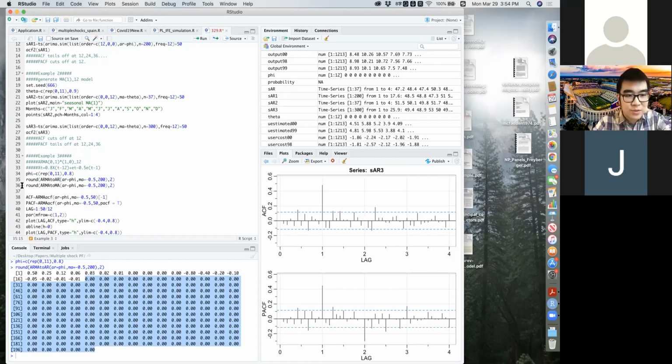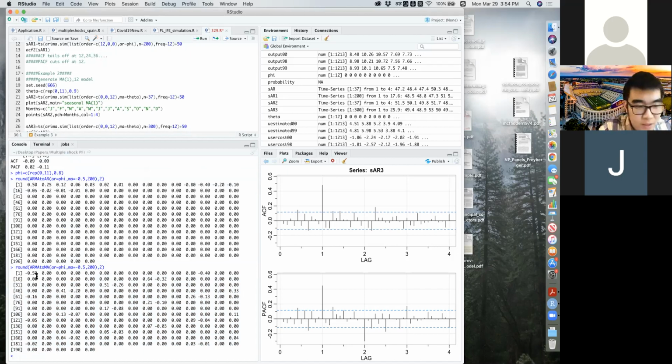Now let's write it as an MA model. This is the ARMA to MA coefficients. You can see this coefficient also has a seasonality pattern. From lag 12, 13, it's 0.8, negative 0.4, and then everything drops to 0.